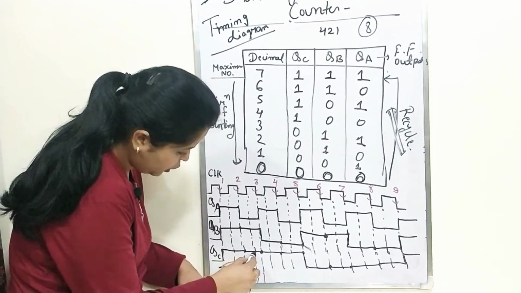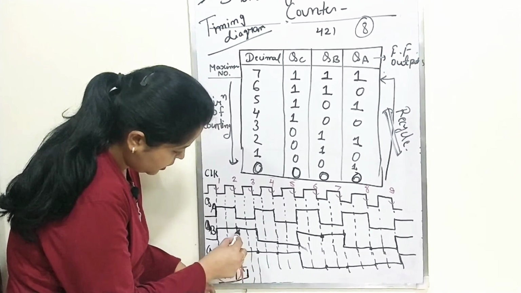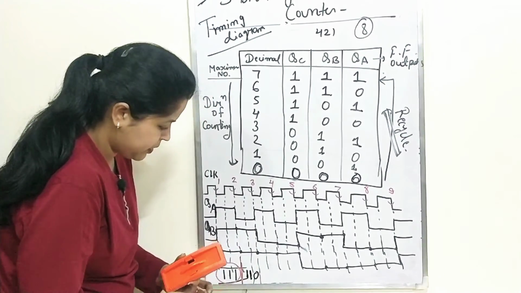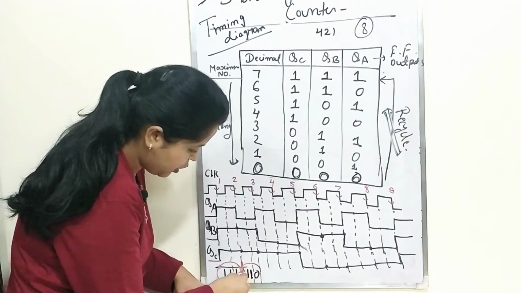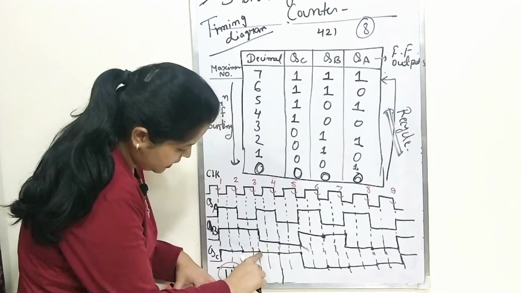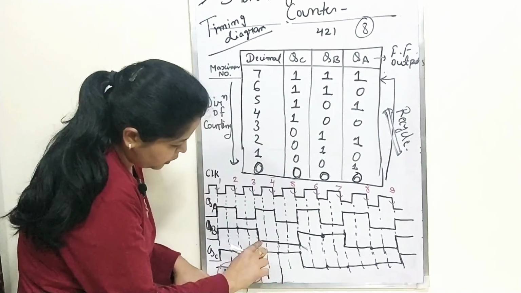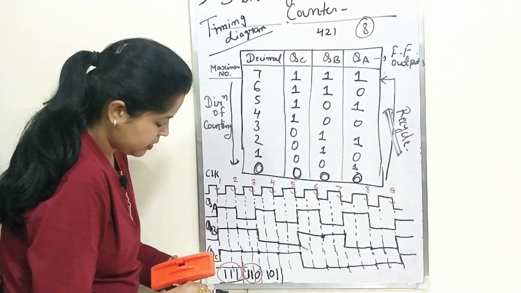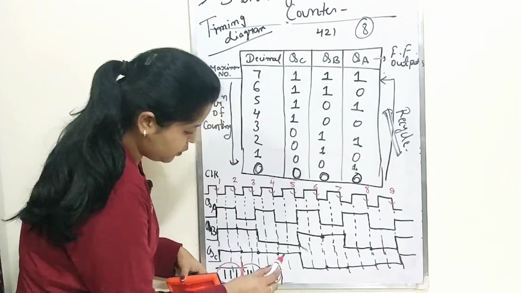For the next clock QC is 1, QB is also 1 while QA is 0. Now come to the third. Here QC is 1, QB is 0, QA is also 1. So this is 1, 0, 1.